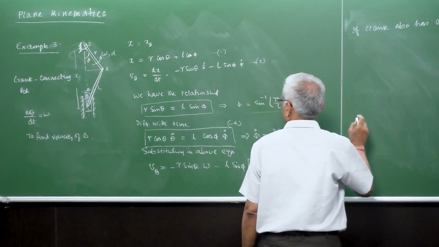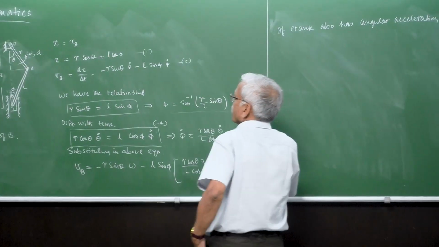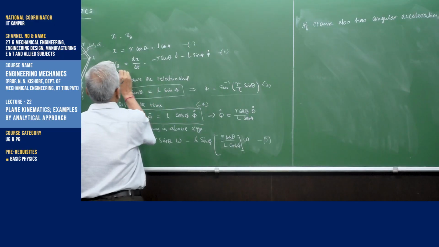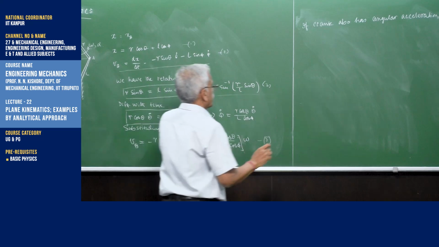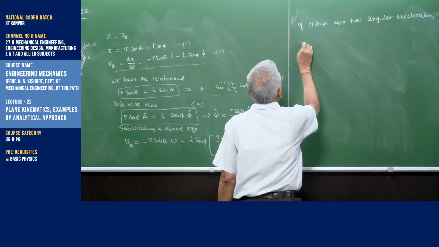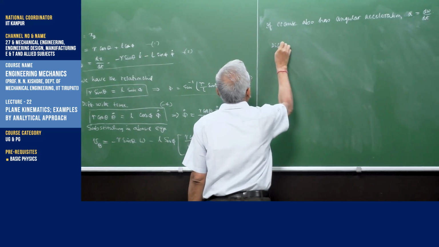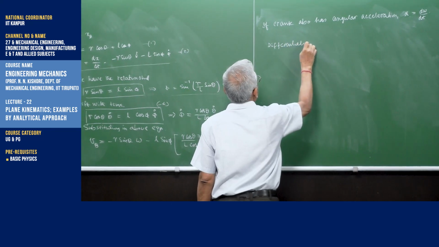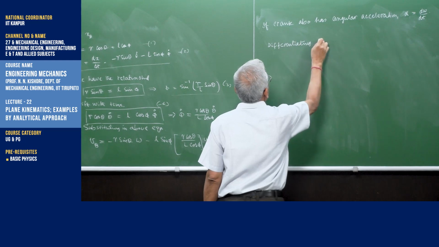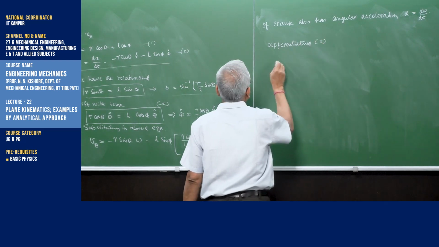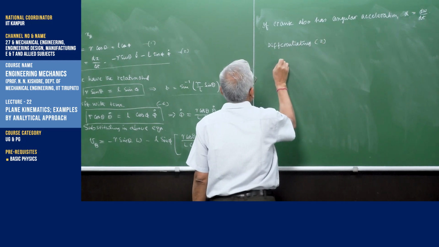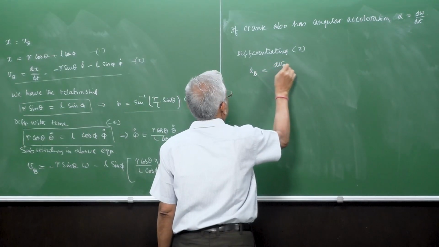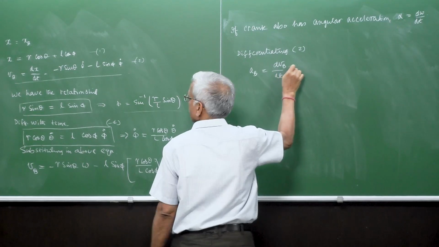So differentiating 4 again, and this one VB, 2, for example, 2 is the 1. So differentiating 2, we have the acceleration of B, which is nothing but dV by dt.